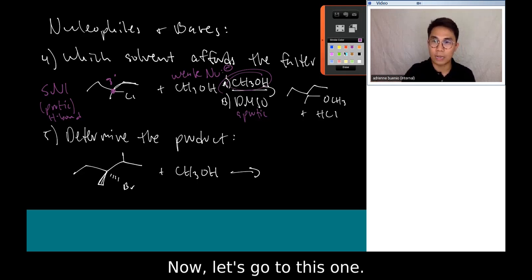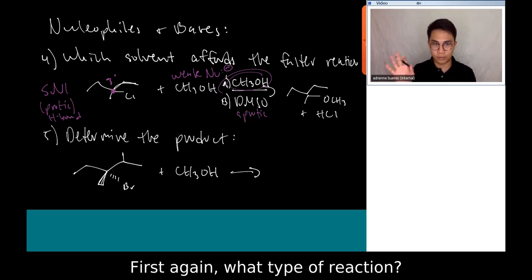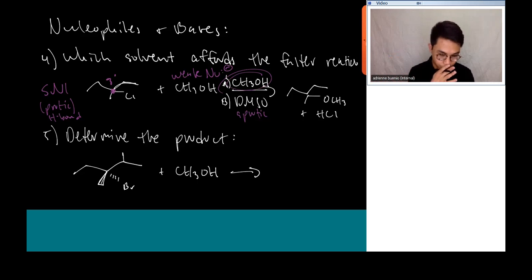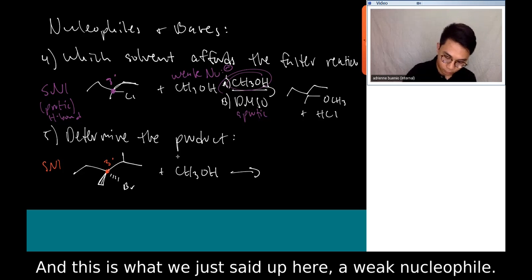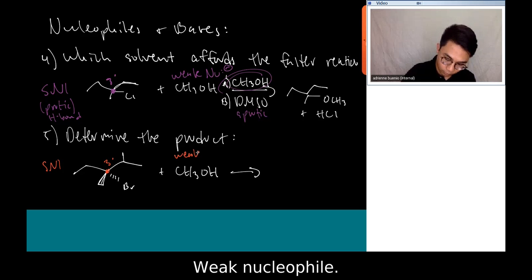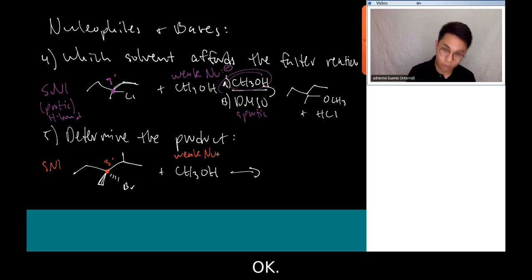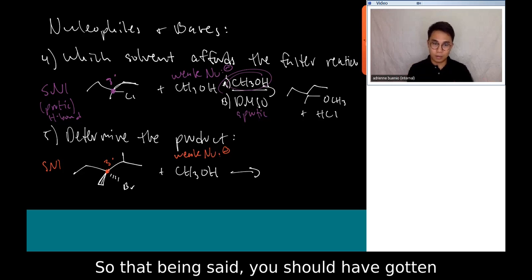Okay, now let's go to this one. Determine the product. First again, what type of reaction, SN1 or SN2? SN1 again, right? Because this is tertiary, right? And this is, well, we just set it up here, weak nucleophile. Okay, so with that being said, our product should be what? This is what you should have gotten.